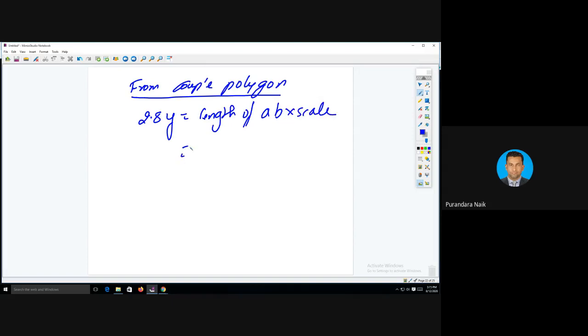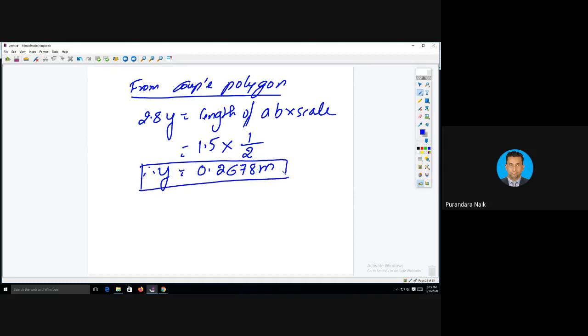So the length of AB we are getting is 1.5 centimeter, into scale is 1 by 2 because it is doubled. Therefore y is equal to 0.2678 meter. That is the first question.